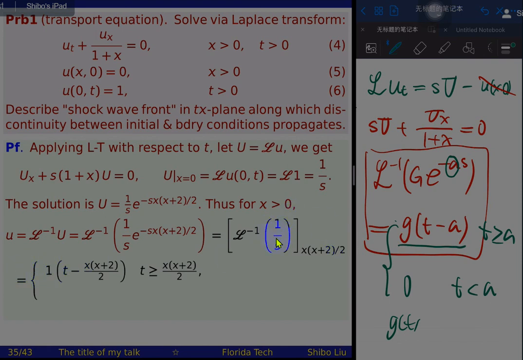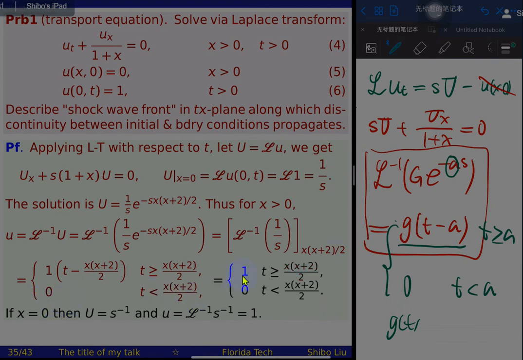The inverse transform of 1 over s is 1, as we know. This means the value of the constant function for t greater than or equal to this number, and when t is less than x(x+2)/2, the result is 0. So eventually it becomes 1 and 0.